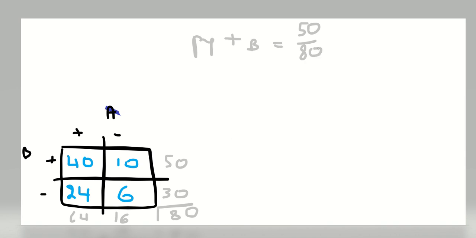And the proportion positive after the exam, that is 64 over 80. 64 out of 80, that's easy. That's 80%. Let me just figure out 50 out of 80. So 50 out of 80, that's 62.5%.